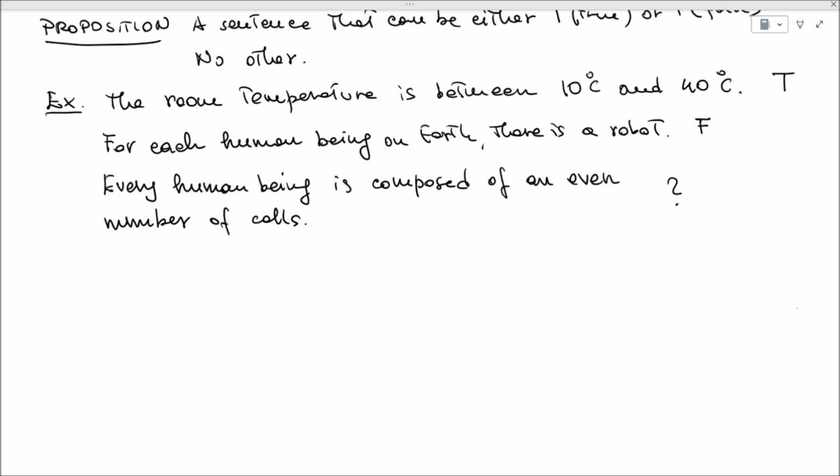So this third example does not represent a proposition itself, but it is just a sentence of which we cannot establish if it is true or false.